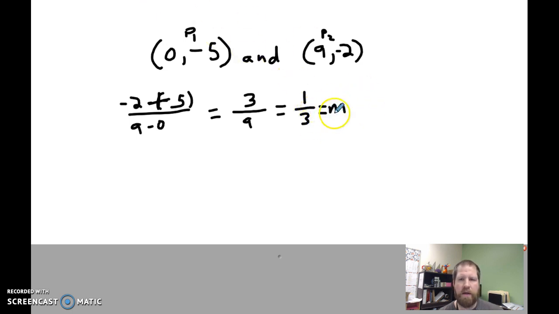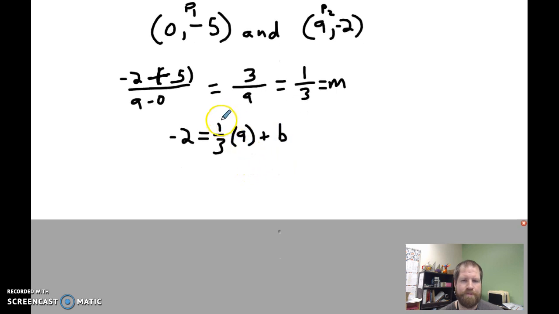Now that I've got that, I'm going to choose a point. This time I think I'm going to go with 9, negative 2 and fill it in. So my y value is going to be negative 2. Remember, this is my y equals m, 1/3, times x, which is 9, plus b. 1/3 of 9, or 9 times 1/3, is going to be 3.